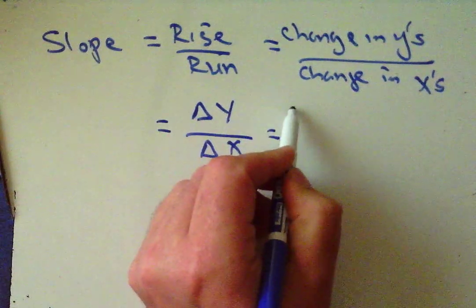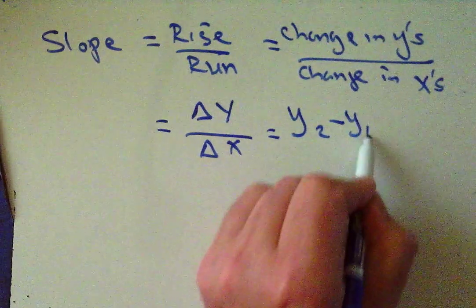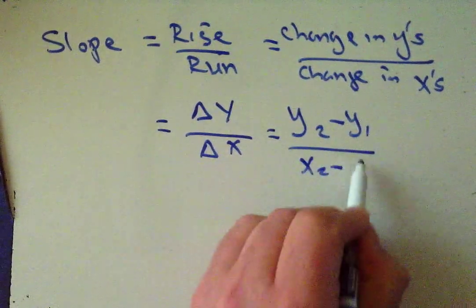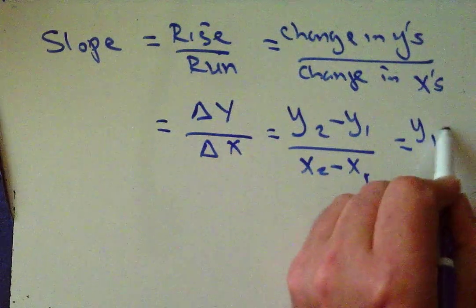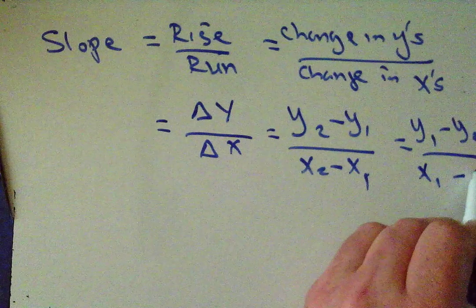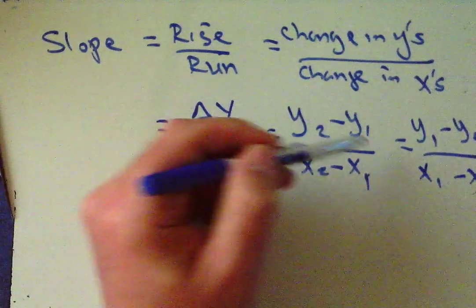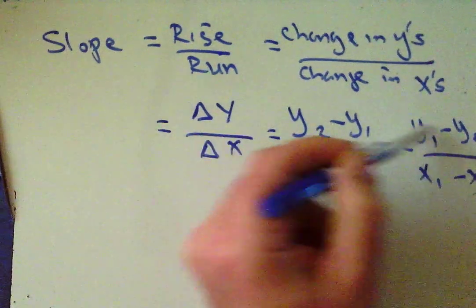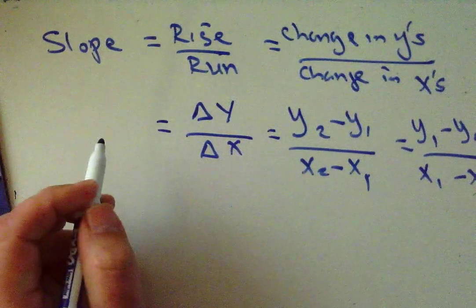But you probably learned in middle school, or at least in Algebra 1, y2 minus y1 over x2 minus x1. And of course, this works as well. What's important is that the ordered pairs are over each other and that y values are on top, okay? So that's the way we find the slope.